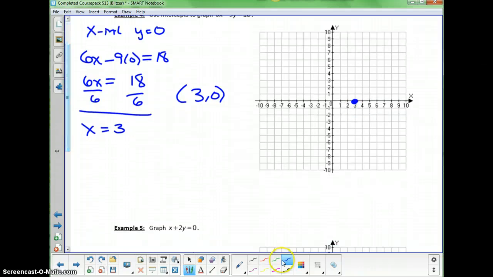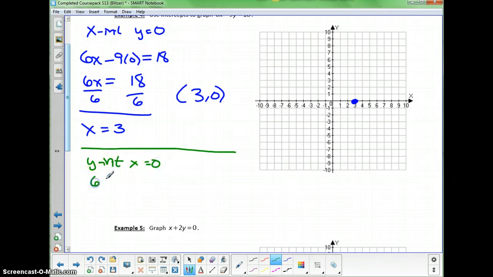Let's also find the y-intercept. The y-intercept will have x equal to 0. So that's 6 times 0 minus 9 times y equals 18. So I've got negative 9y equals 18.